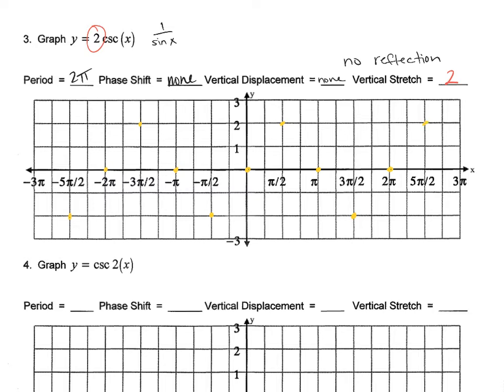I'm going to use that to make some dashed lines for my parent function, including the transformation. Remember, our second step is to draw our vertical asymptotes, and those happen everywhere that sine of x is 0.